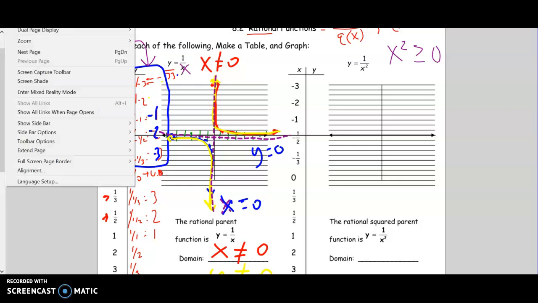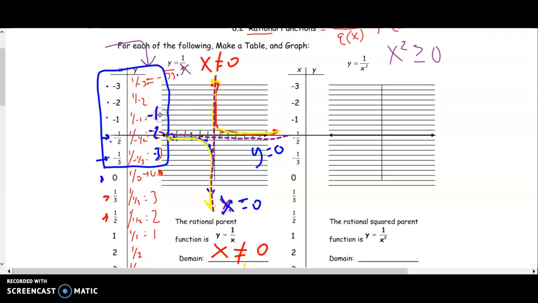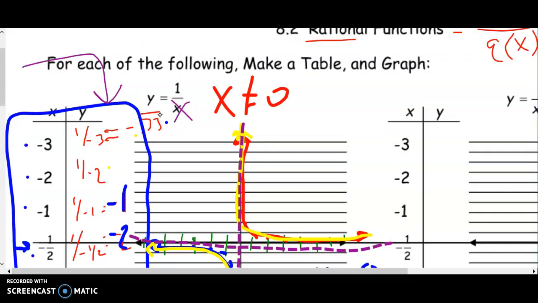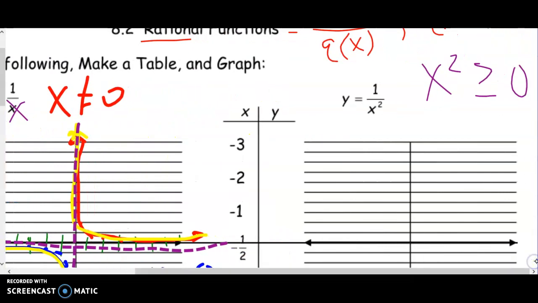Let me zoom in. There we go. Give me a little more space to work with. So 1 over -3 squared. -3 squared is positive 9. 1 over -2 squared. 2 squared is positive 4. 1 over -1 squared is going to be positive 1.